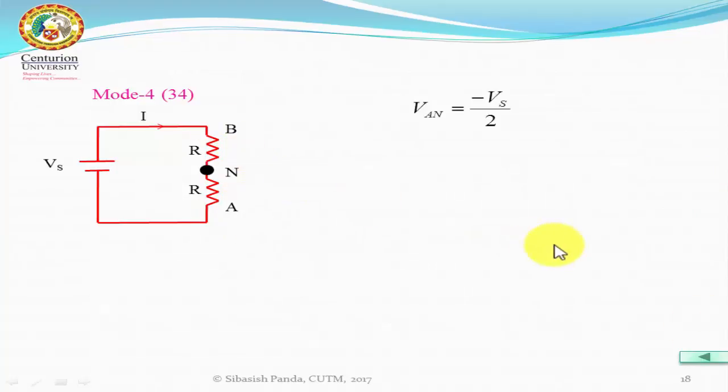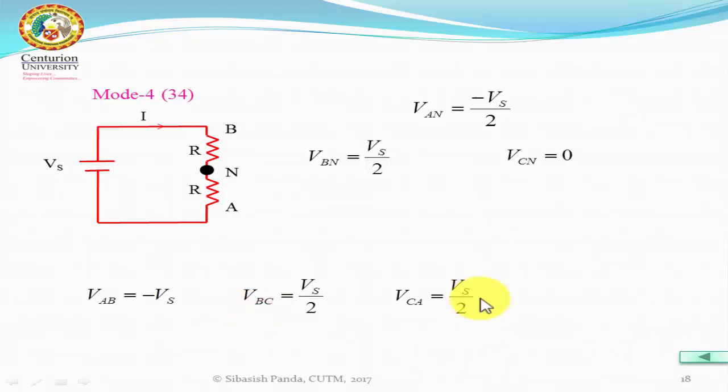This is plus, this is minus, so going from negative to positive we get BN positive, whereas AN is positive to negative, so AN will be minus Vs by 2, BN is plus Vs by 2, and CN is 0. Similarly, for AB, just subtract AN minus BN, we will get AB as minus Vs, BC as Vs by 2, and CA as Vs by 2.